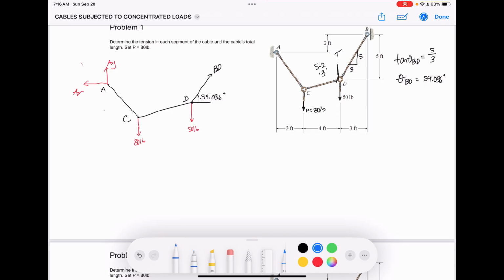Drawing natin mga distance, we have three feet, we have 4 feet, yan.